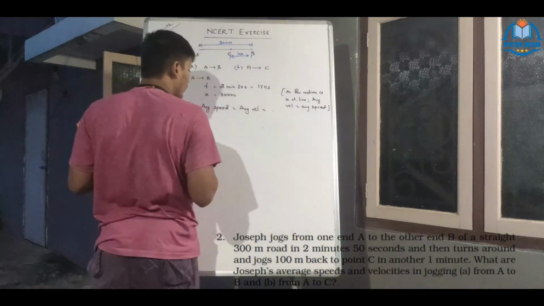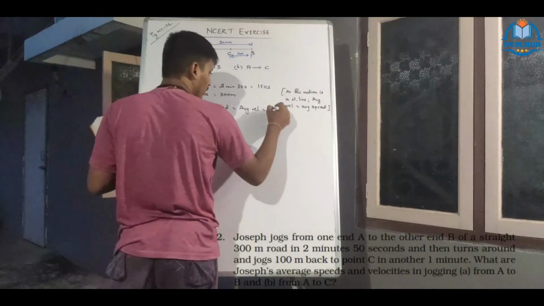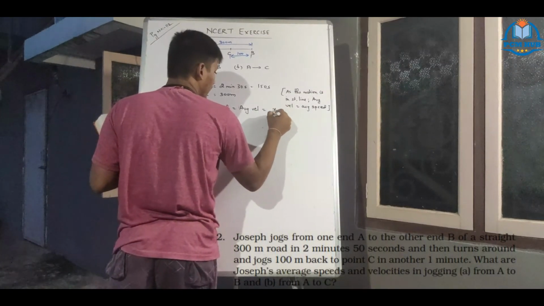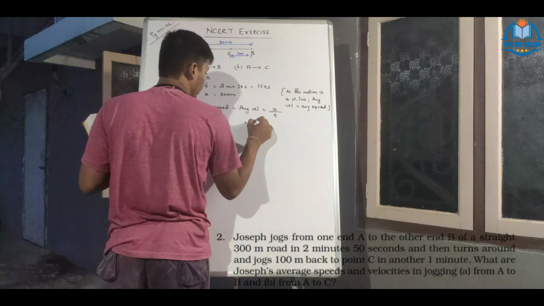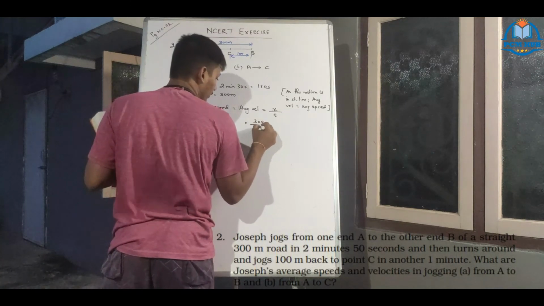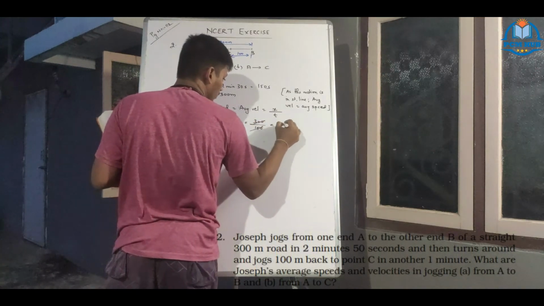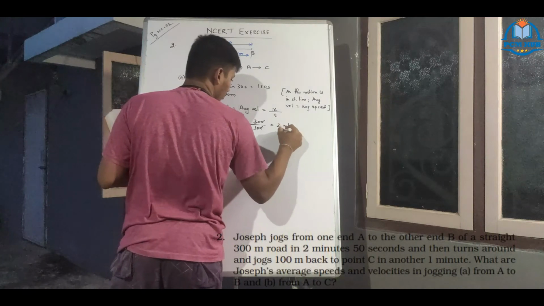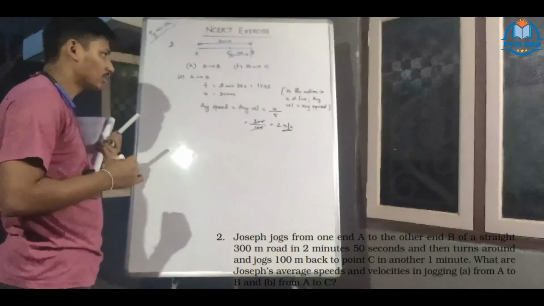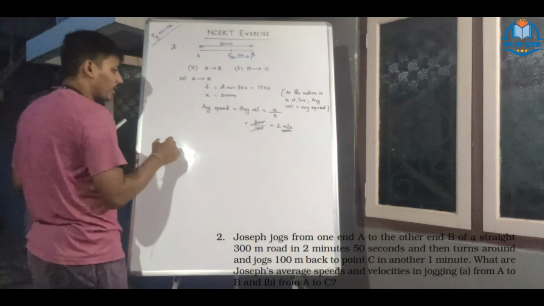So average speed equals average velocity, which is x by t, distance by time. The distance traveled is 300 meters, time taken 150 seconds. So its average is 2 meters per second. Okay, so A to B is over.